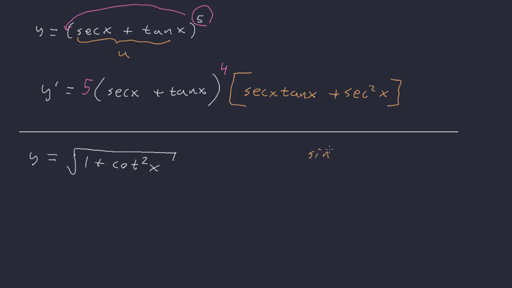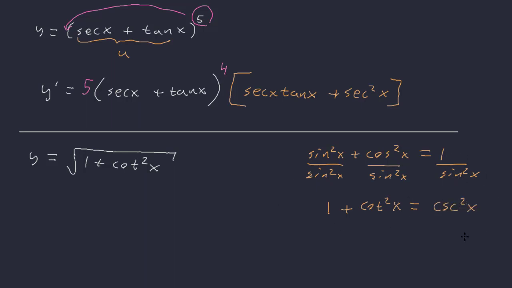Because if we start with sine squared x plus cosine squared x equal to 1, we have other Pythagorean identities. And if you can't remember them, just divide by the right thing. If I divide this by sine squared x everywhere, we get 1 plus, well, cosine over sine, that's cotangent squared. And then 1 over sine squared is cosecant squared x.